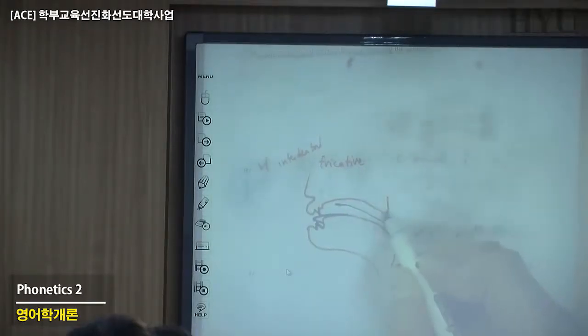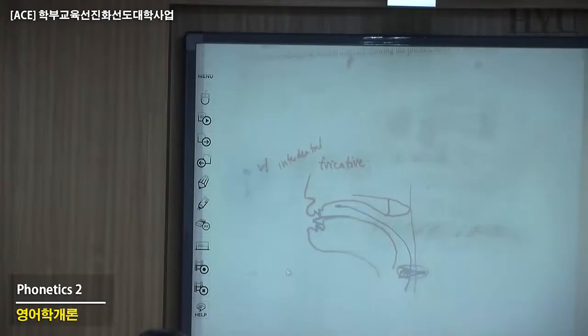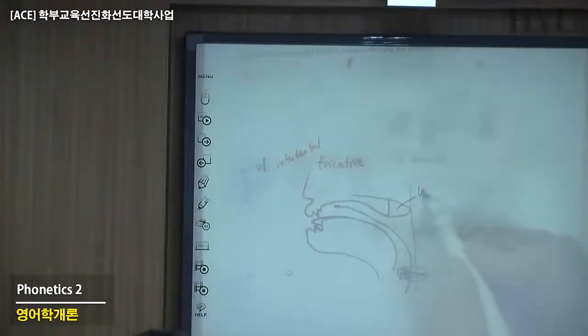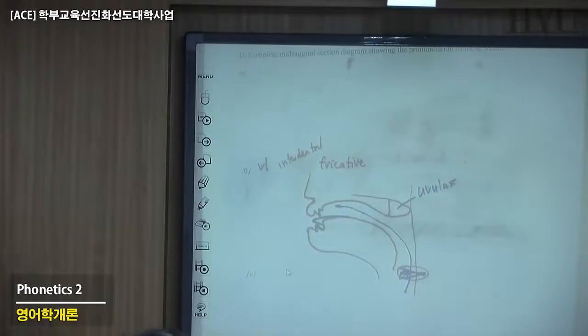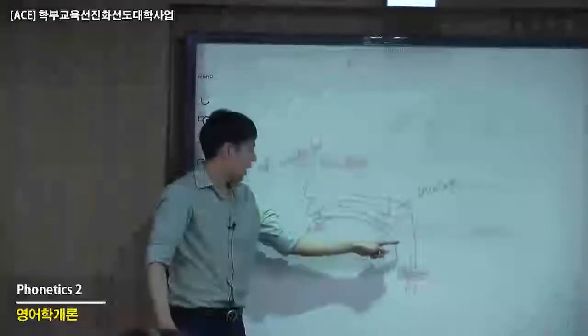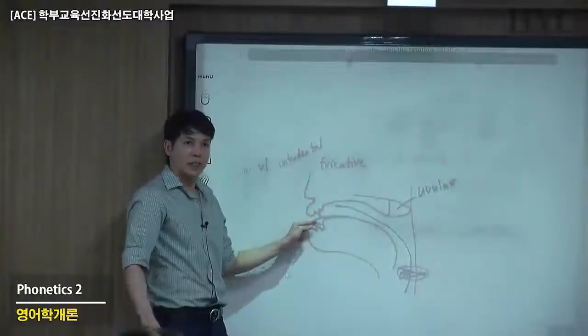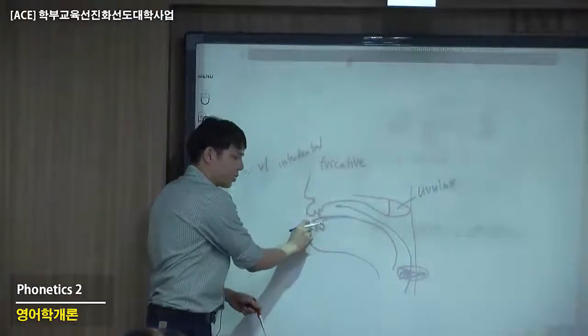And then, let's see. So this should be raised against, this is the uvula. So the air cannot go through the nasal cavity, and the air has to come out through the mouth, and the tongue is here. The air will have to be squeezed through this, right?